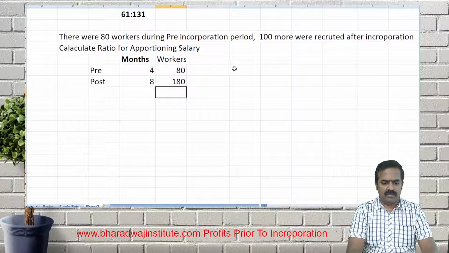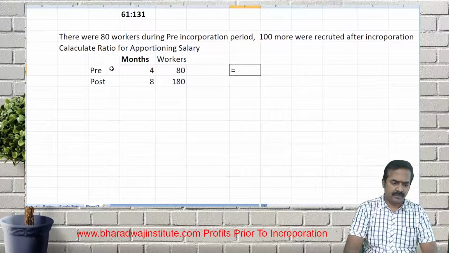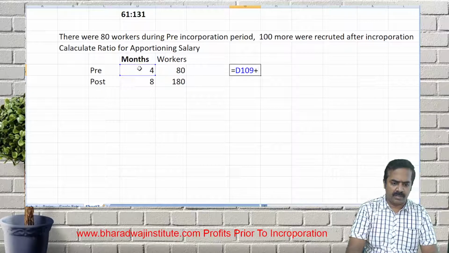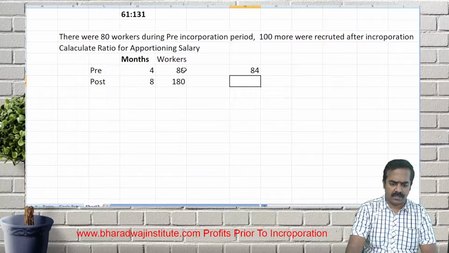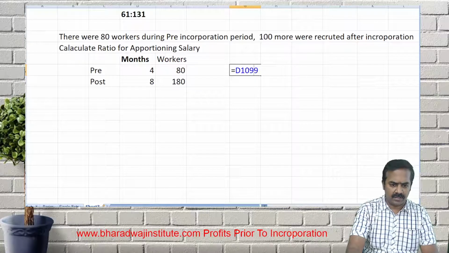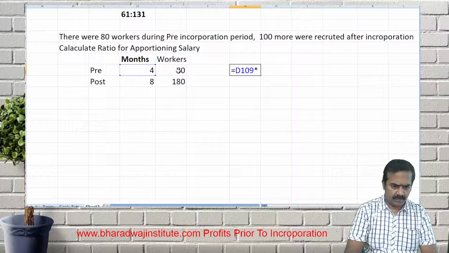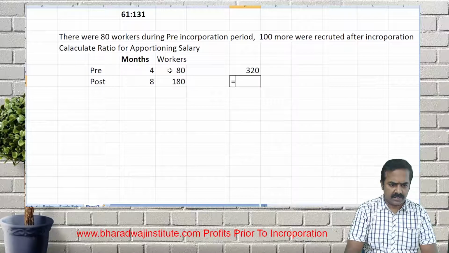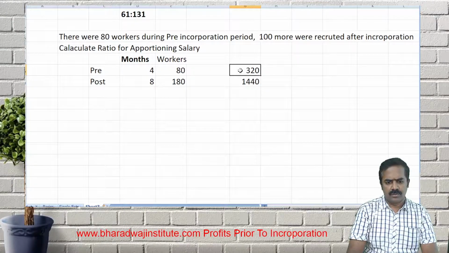So, we give weightage for both. 4 months into how many workers? 80 workers. 4 months into எவ்வளோ workers? 80 workers. 320. Then 8 months into 180 workers. So 320 is to 1440.